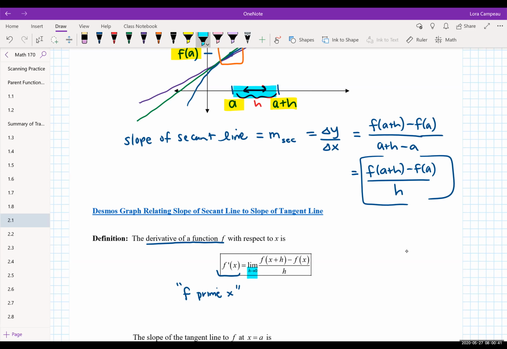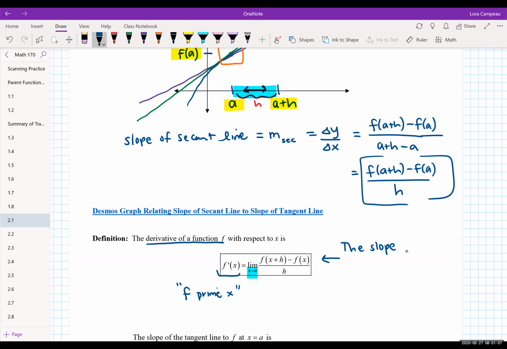0. So once the 2 points are on top of each other, the distance between a and a plus h doesn't exist anymore. It's 0 between those. And so once this happens, if you're taking the limit of this expression, you're actually ending up getting the slope of the tangent line. So I'll relate this a little bit more to geometry.